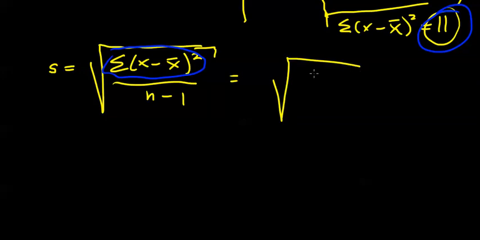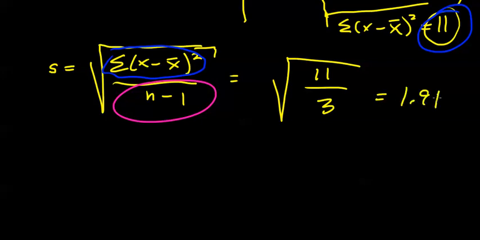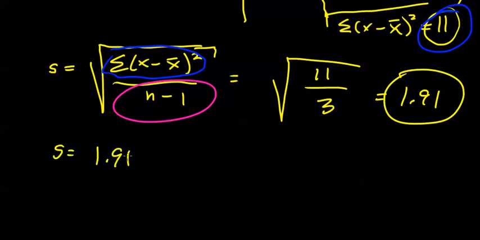Don't forget about the root. And n minus 1 is your sample size minus 1. We had 4 data points in our sample, so 4 minus 1 is, of course, 3. So my sample standard deviation is simply the square root of 11 over 3, and that's 1.91. So S is 1.91.